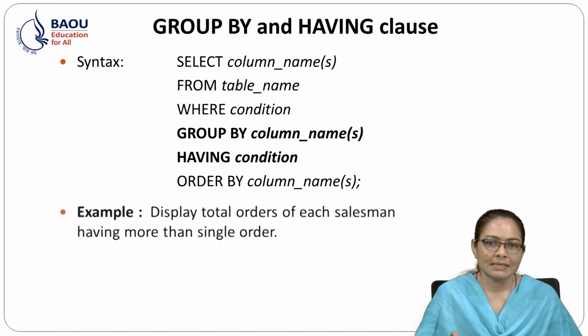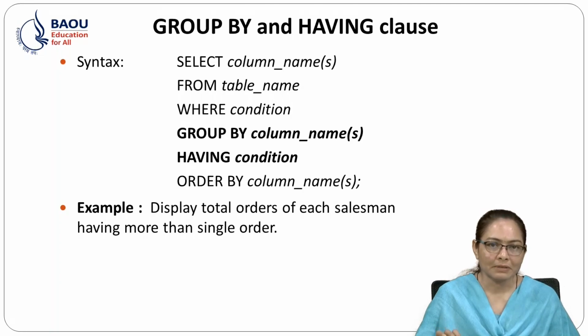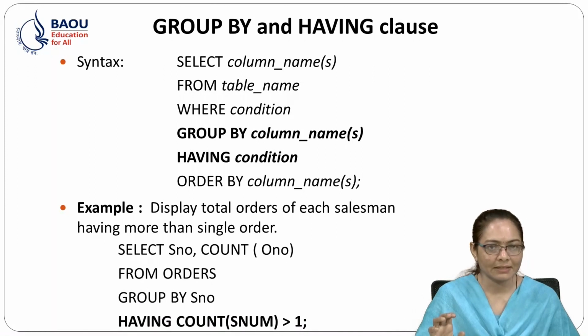Now see the example: display total orders of each salesman having more than a single order. How to write the command? Select salesman number, comma, count in brackets order number from orders, group by salesman number.